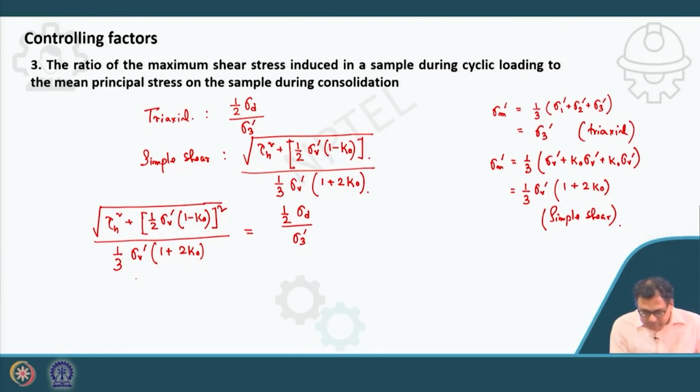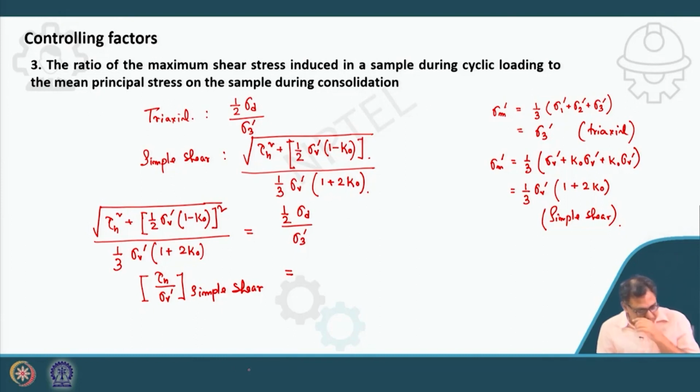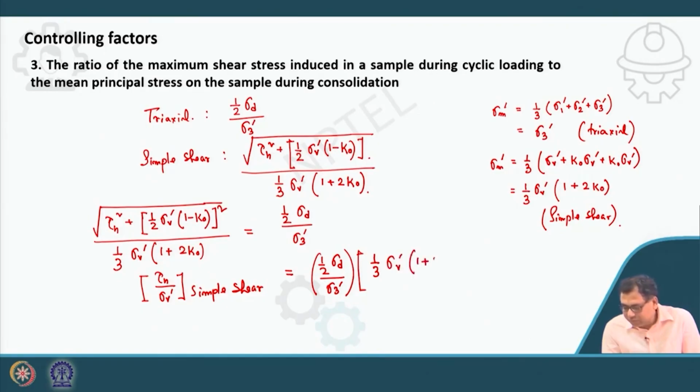So now I can write tau h divided by sigma v bar for simple shear. How will we get that? Here this is half sigma d divided by sigma 3 bar, multiplied by 1/3 sigma v bar (1 plus 2 k0).